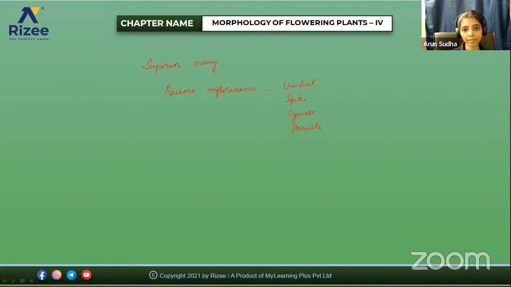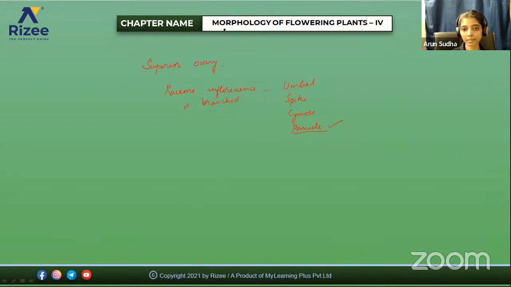No, actually, it is not spike. It is panicle. The compound raceme is called the panicle. Panicle is the correct option. So if the raceme inflorescence is branched, it is called the compound raceme or panicle.